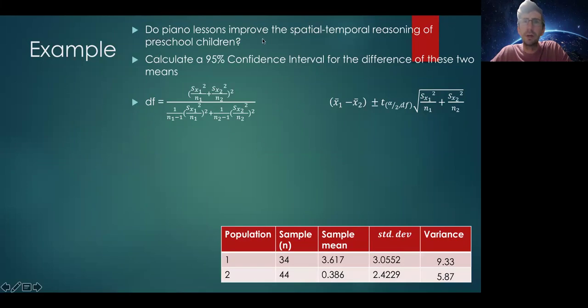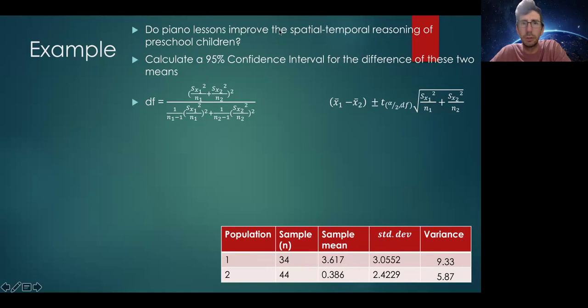We're asked, do piano lessons improve the spatial temporal reasoning of preschool children? So one population down here takes piano lessons, and this sample mean is the average of their spatial temporal reasoning score, the standard deviation of their scores, and then the variance of their scores as well.